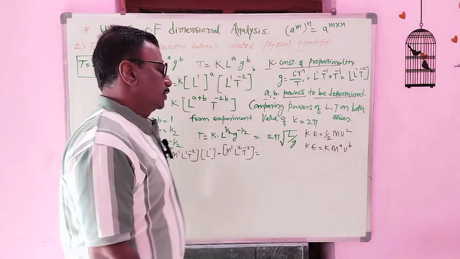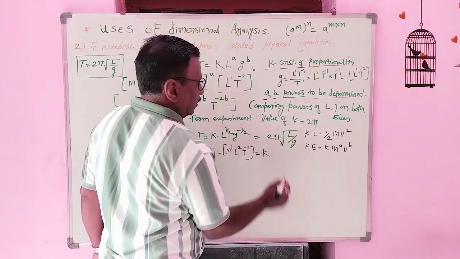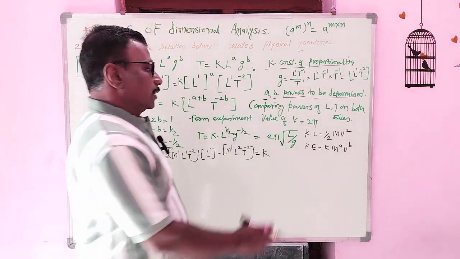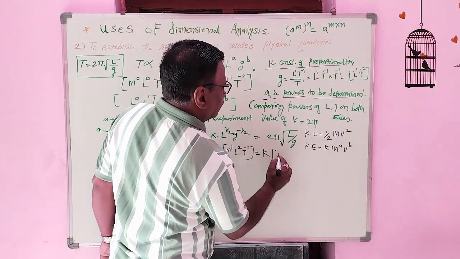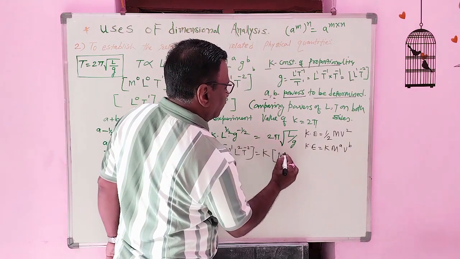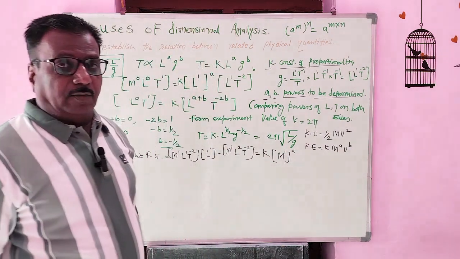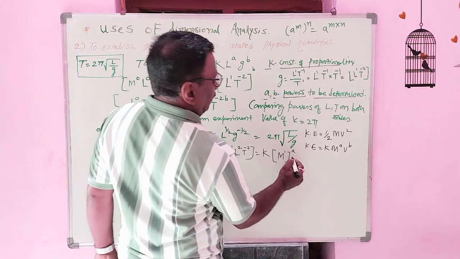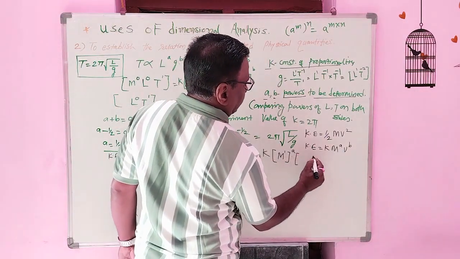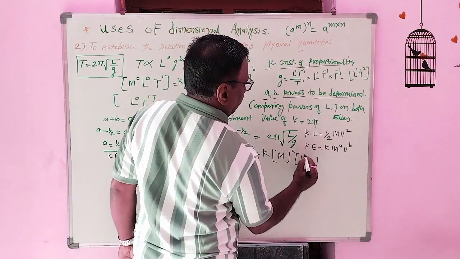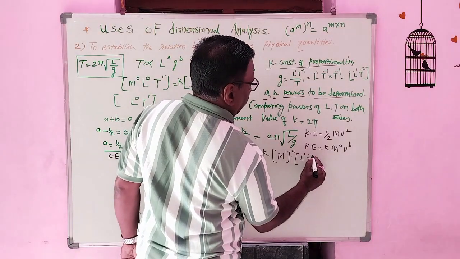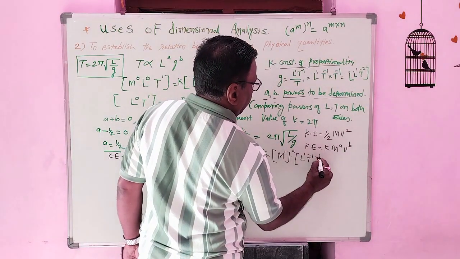K is a dimensionless constant, so it has no dimension. Here K. Here mass raised to power a. For mass we take M raised to power 1 bracket raised to power a, into velocity. For the dimension of velocity, what can we write? L1 T minus 1 bracket raised to power b.